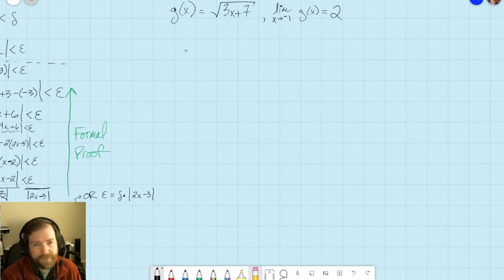So again, you could start with the absolute value of x minus negative 1 being less than delta, come up with some relationship between delta and epsilon, and then just make this work. Good luck. Generally speaking, that's not going to work out very nicely.